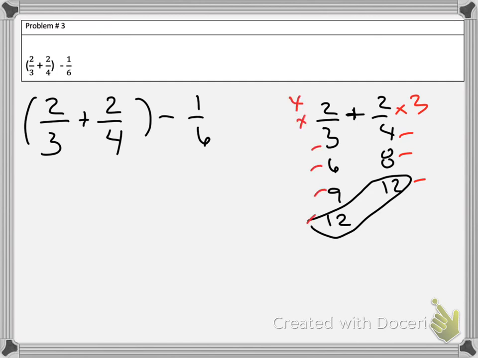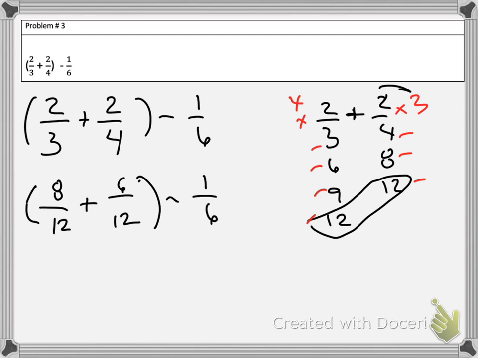So my new fractions are 4 times 2 is going to be 8/12 plus 6/12. Yeah, 2 times 3 equals 6. 8 plus 6, that's going to be 14/12.